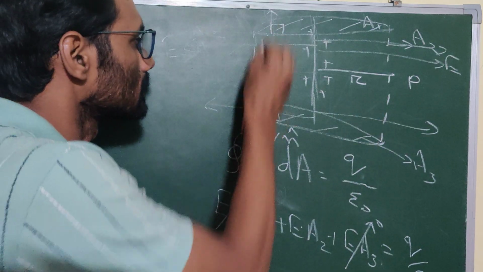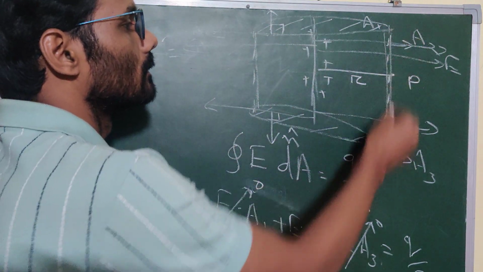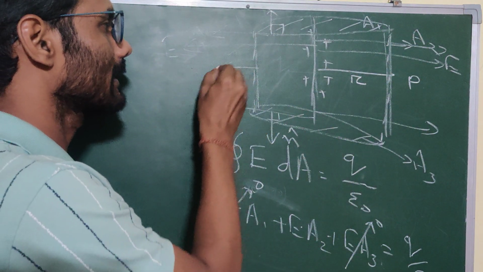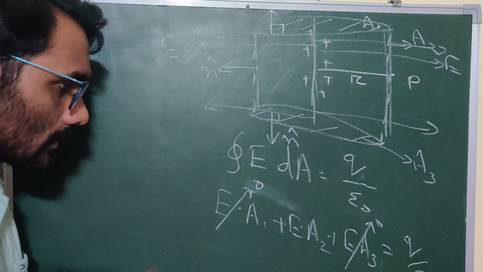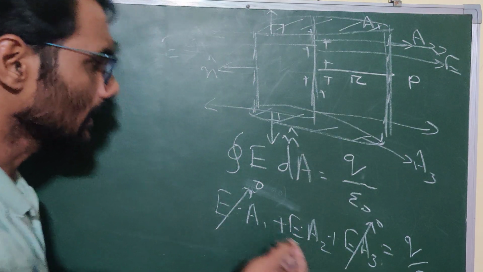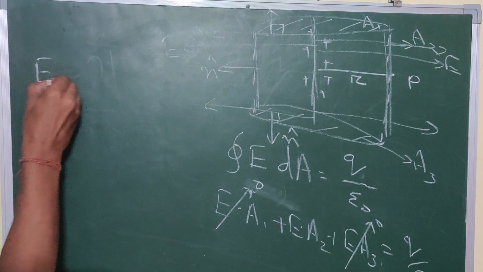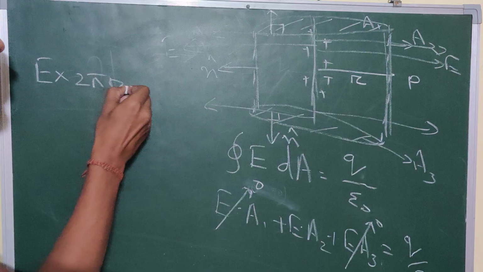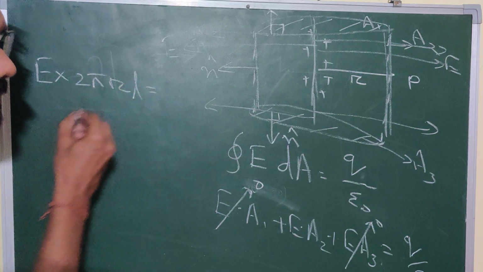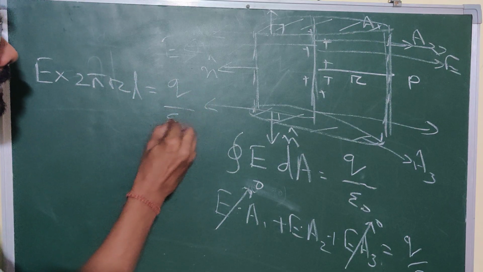So for this surface A2, the area vector and electric field are in the same direction, so cos 0 is 1, and only this term will be there. So E into A2, which is 2 pi r into L, where the length is L, equals Q by epsilon naught.